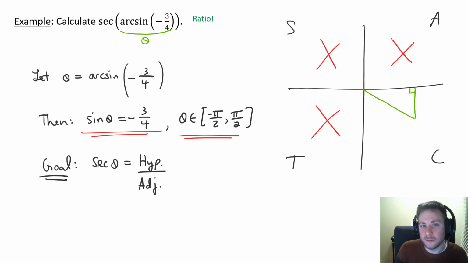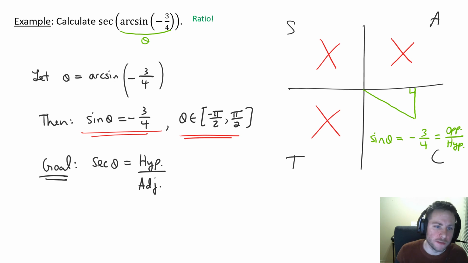Now, in order to calculate hypotenuse over adjacent, we need to know the dimensions of this triangle, but we can figure that out using the sine ratio that was given to us. In particular, we know this ratio can be viewed as opposite over hypotenuse, and so we can label those sides in our diagram.